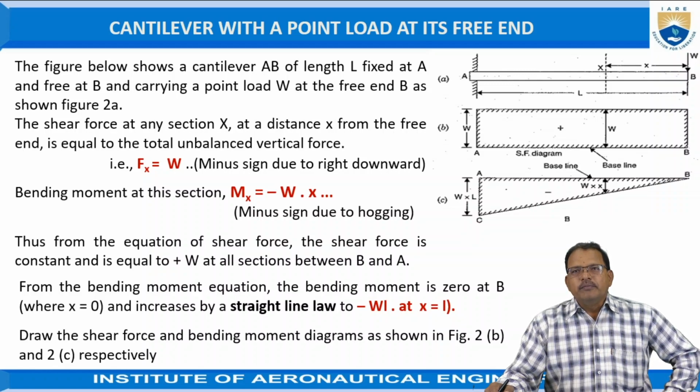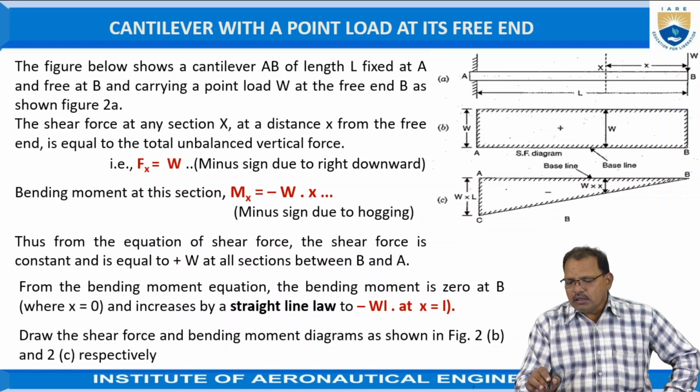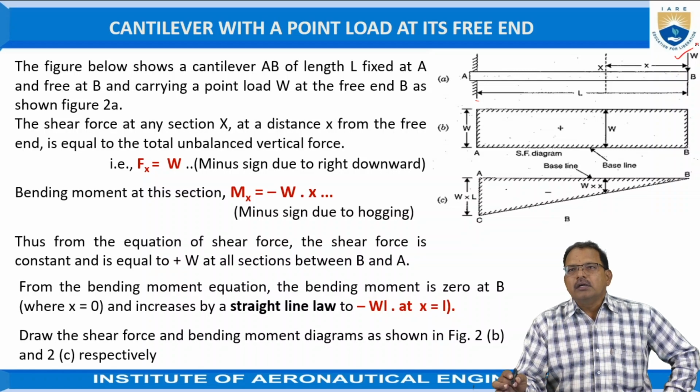Here there is a cantilever beam AB of length L, as shown in the figure, subjected to a point load W at the free end B. The shear force at any section of the beam means the unbalanced vertical force acting on the beam.